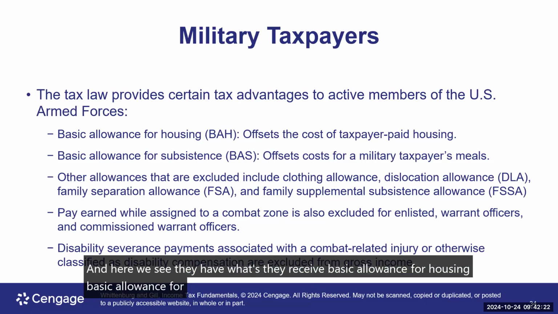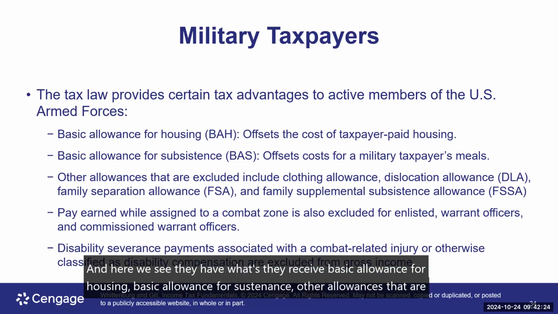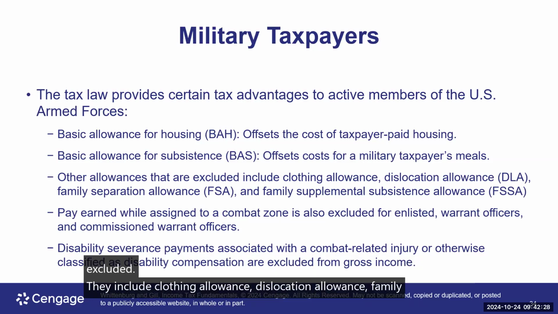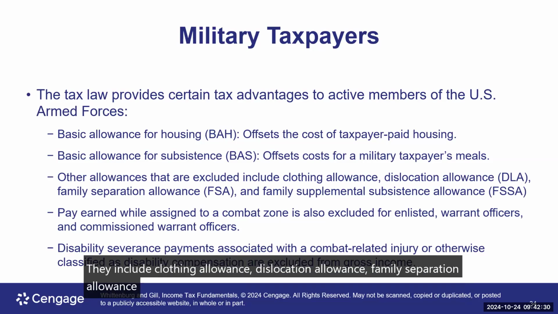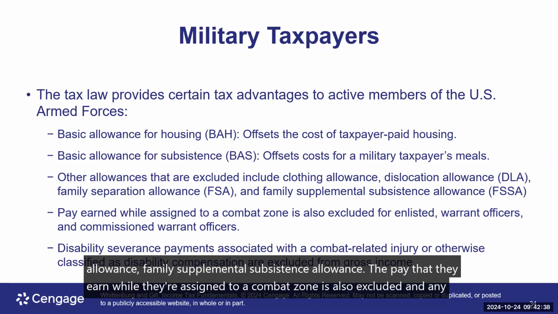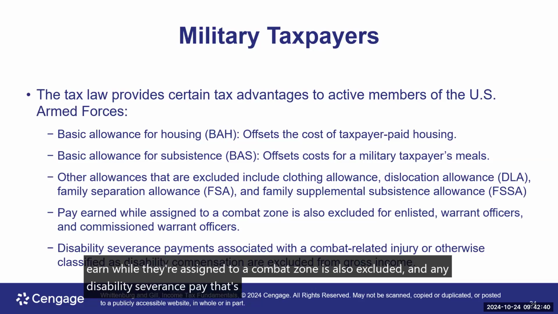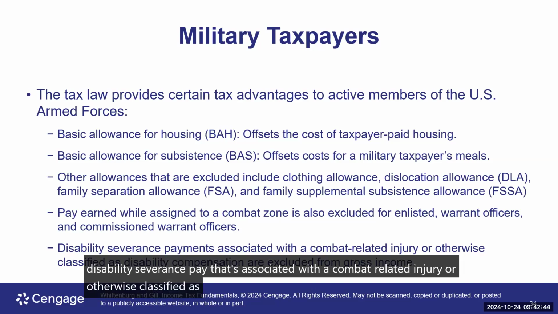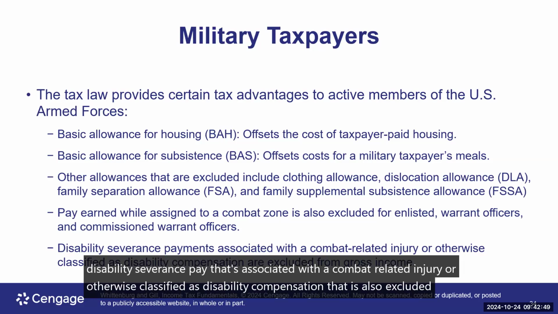Other allowances that are excluded, they include clothing allowance, dislocation allowance, family separation allowance, family supplemental subsistence allowance. The pay that they earn while they're assigned to a combat zone is also excluded, and any disability severance pay that's associated with a combat-related injury or otherwise classified as disability compensation, that is also excluded from gross income.